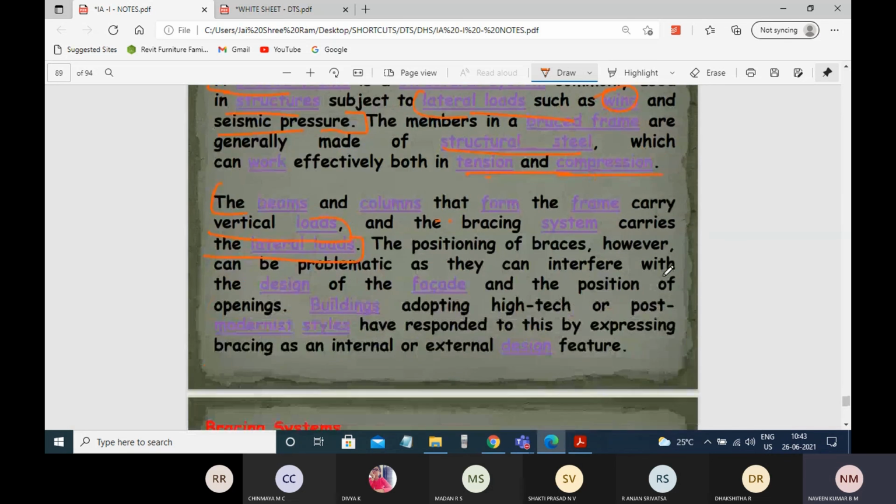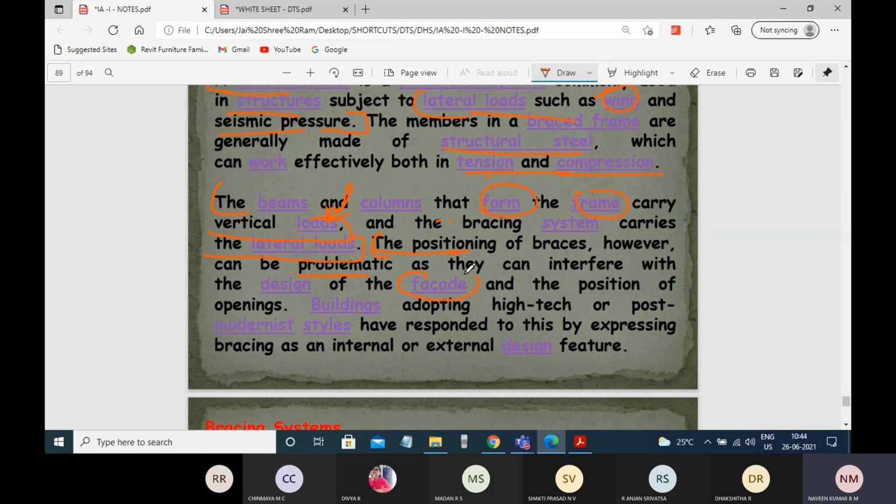So this point is very important. In the bracing system, the beams and columns that form a frame carry the vertical load, that is nothing but the gravity load. Here the bracing system carries the lateral loads. The positioning of braces, however, can be problematic, as they interfere with the design of the facade.